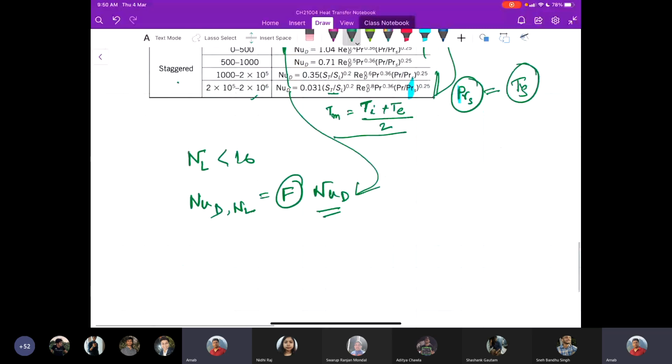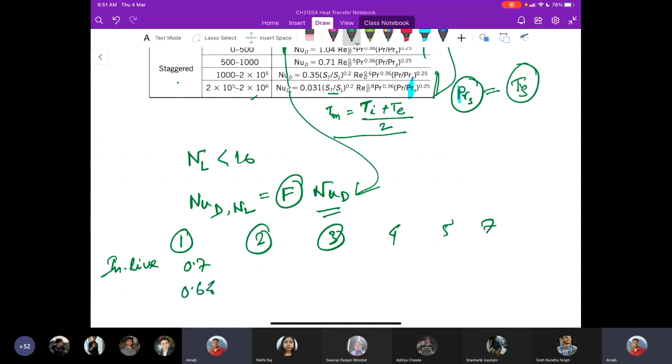Now again, these correction factor values are typically given or known. For Reynolds number greater than 1000, the correction factor values typically vary with the number of tubes: if I have one single tube, two tubes, 3, 4, 5, 7, like this. For the inline arrangement, the correction factor value is around 0.7.